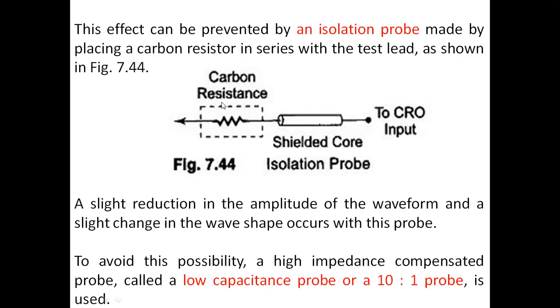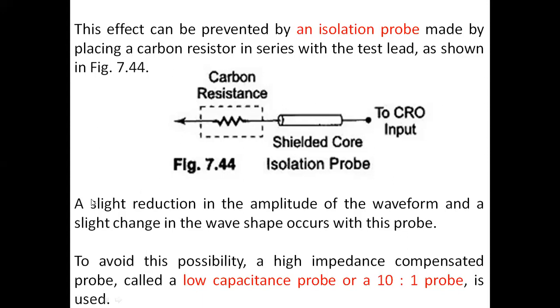A carbon resistor is connected in series with the shielded core. Okay, like this we can get the isolation probe. This combination of the carbon resistance and the shielded core we call an isolation probe. And this is the CRO input. From here we connect the CRO input, and on this side we connect the point where we have to measure the frequency or the voltage. That particular point of observation is connected at this point.